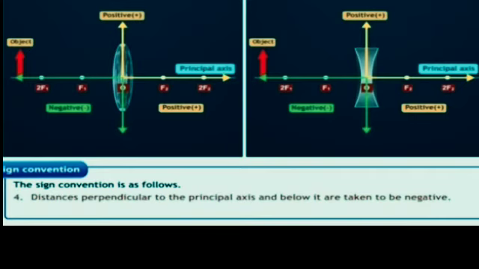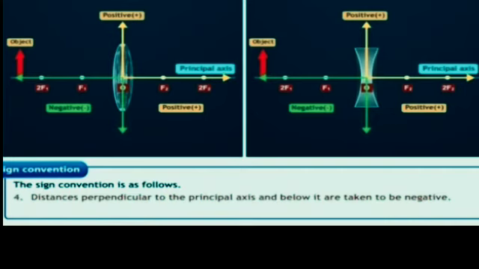All distances parallel to the principal axis are measured from the optical center O. The distances measured to the right of O are taken to be positive, while those measured to the left are taken to be negative, like a number line.